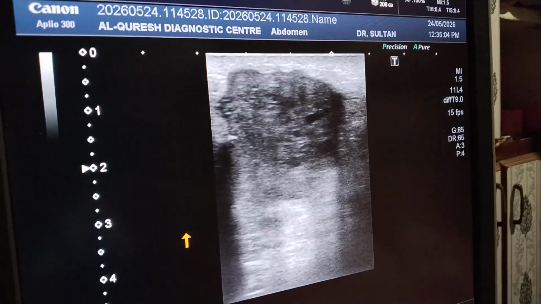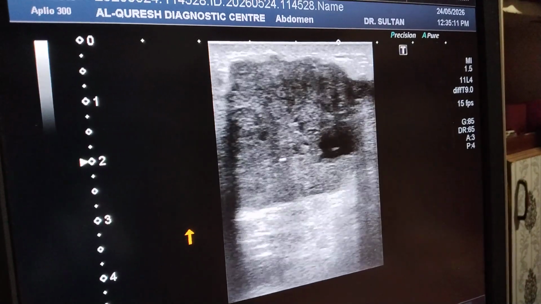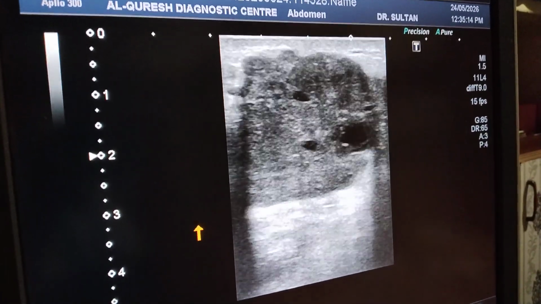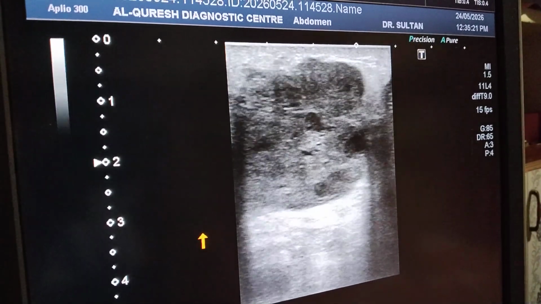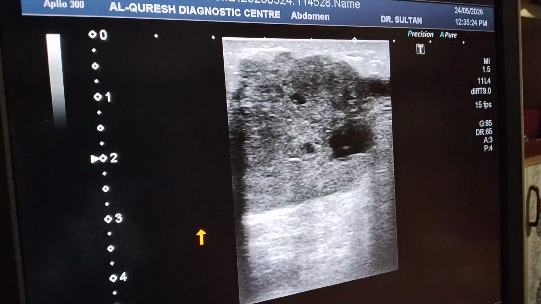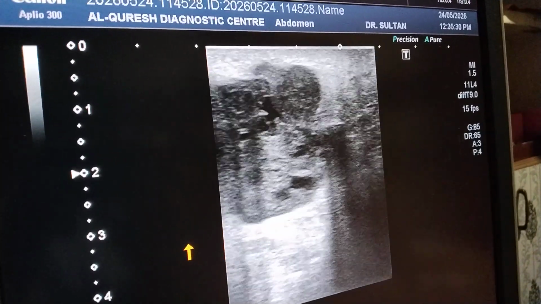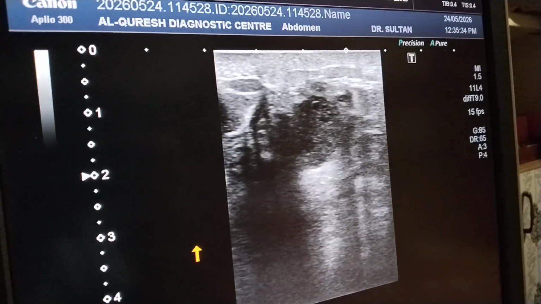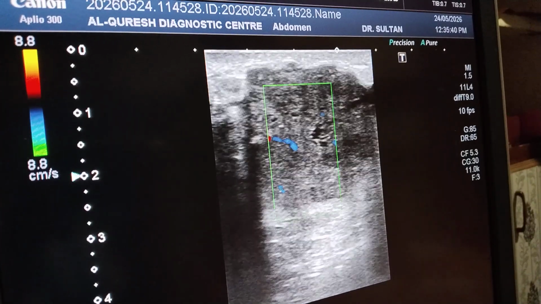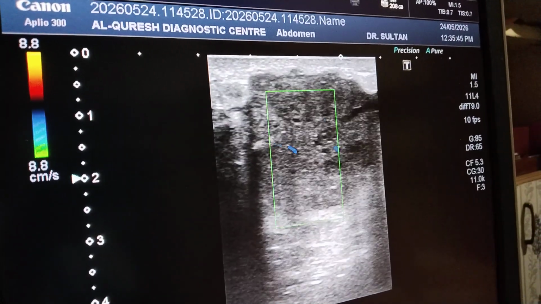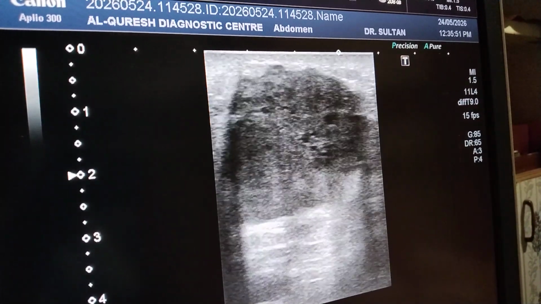So this was all about the case, in which we can say that there is a right breast mass with irregular shape and speculated margin showing vascularity on the color Doppler scan, with hepatic metastasis and peritoneal metastasis. Likely BI-RADS 5 sonographically.